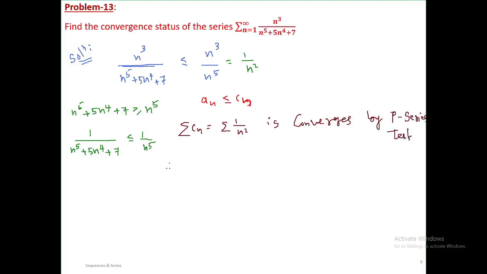So therefore series cn converges, and series an, the given series n cube upon n power 5 plus 5 n to the power of 4 plus 7, converges by comparison test.